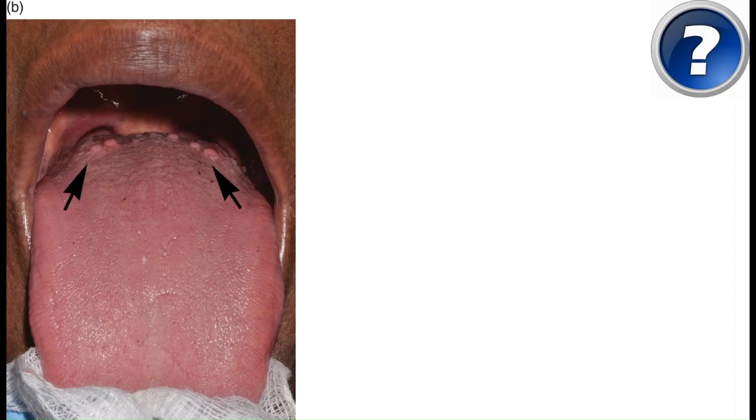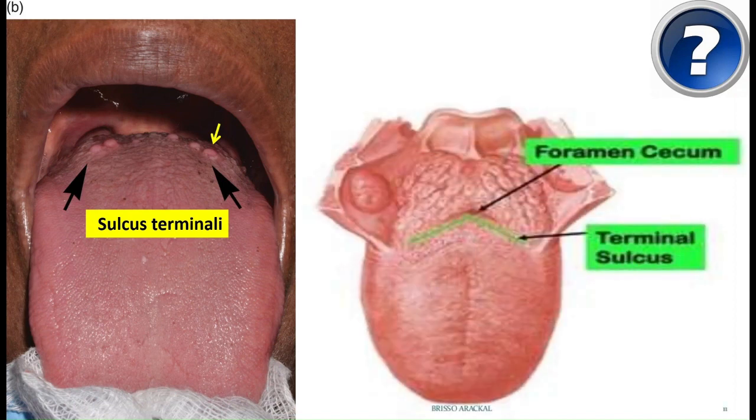And what separates the anterior 2/3 from the posterior 1/3? The answer is sulcus terminalis. It is an inverted V-shaped sulcus that separates the anterior 2/3 of the tongue from the posterior 1/3 of the tongue.